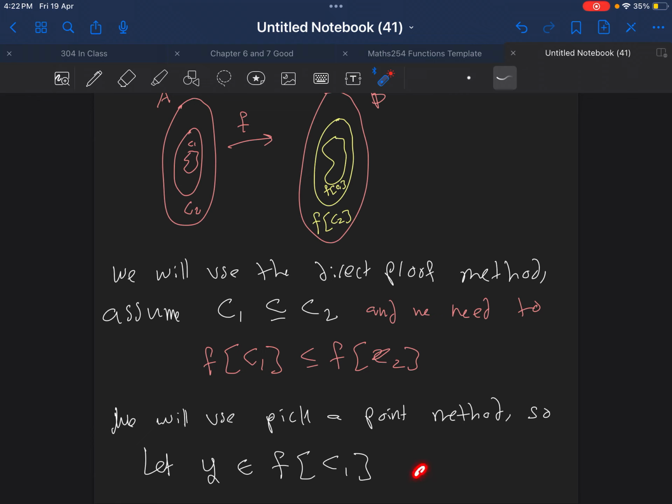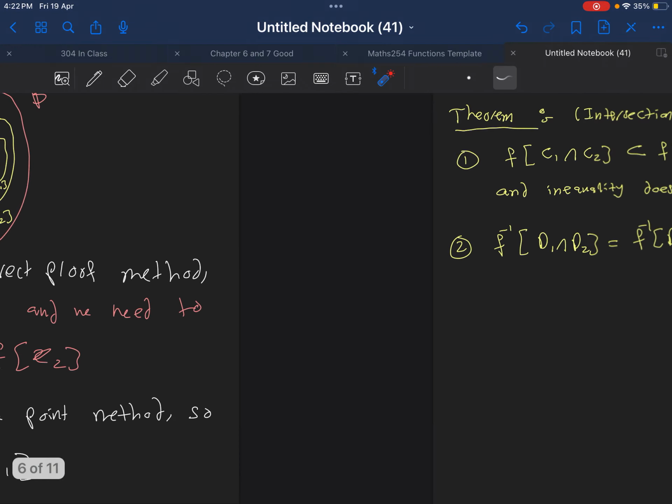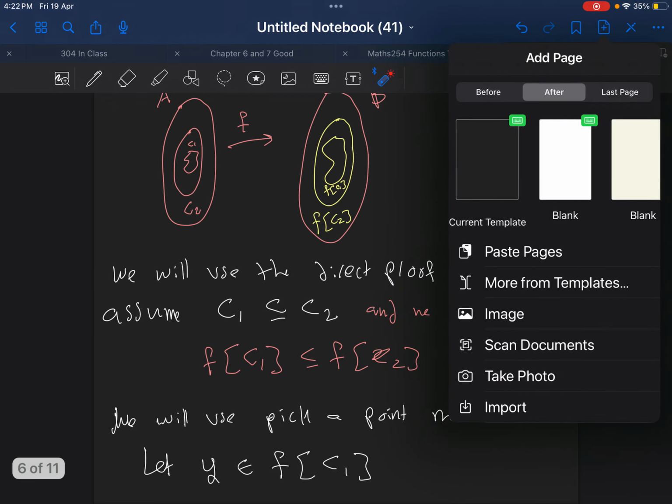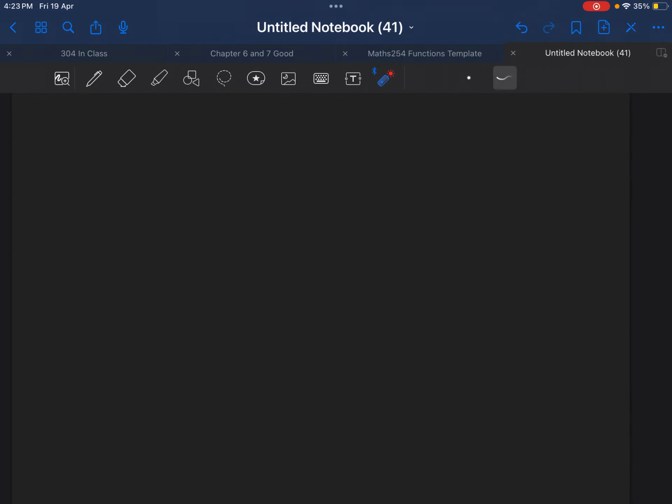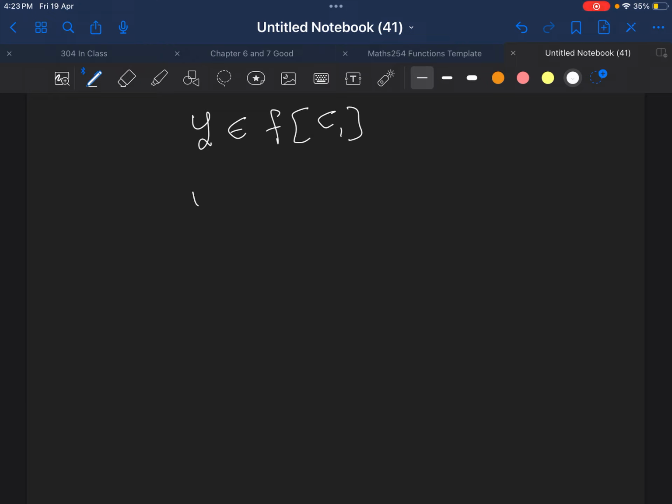Now we need to do many steps. Hopefully we can show that Y is in F of C2. Now what does it mean that Y is in F of C1? It means the following. Y belongs to F of C1 means Y equals F of X for some X in C1.